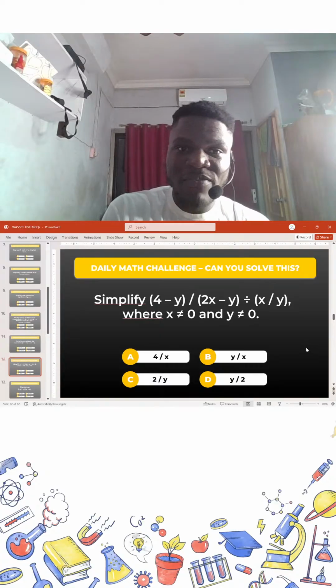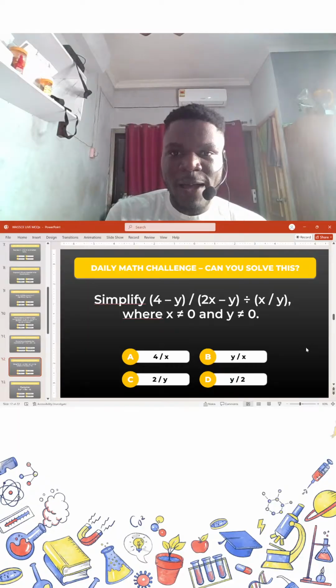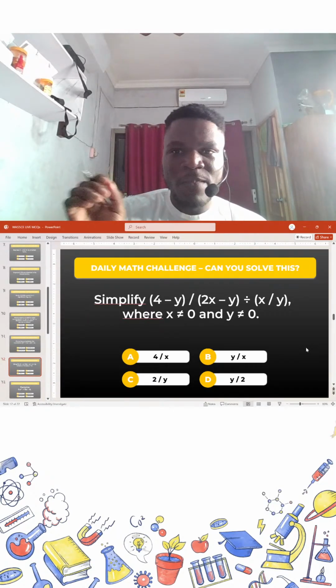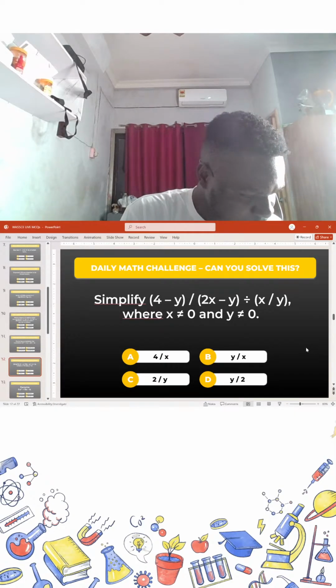All right then. Now we have here: simplify (4 minus y) all divided by (2x minus y divided by x on y), where x is not equal to 0 and y is also not equal to 0.